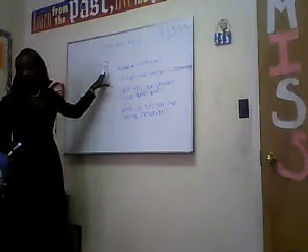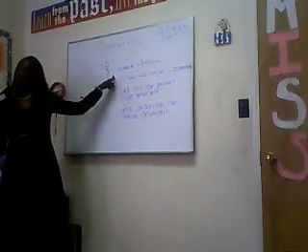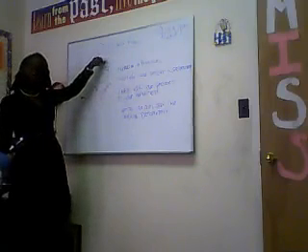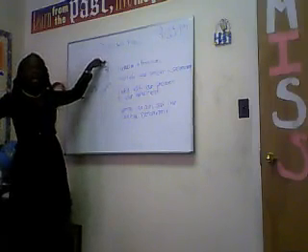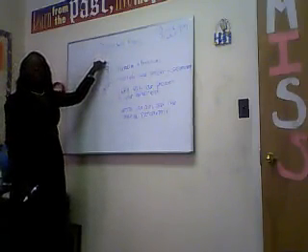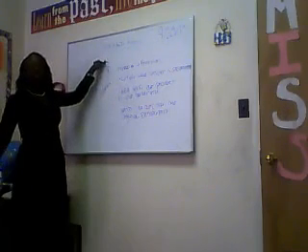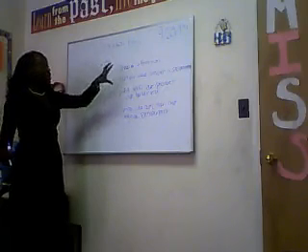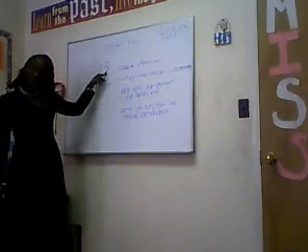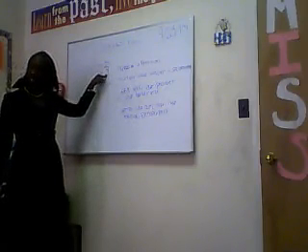So you do 7 times 4, and then with your answer, you add 3. Then you take that answer and put it over your original denominator, which is 4. And that's your fraction.